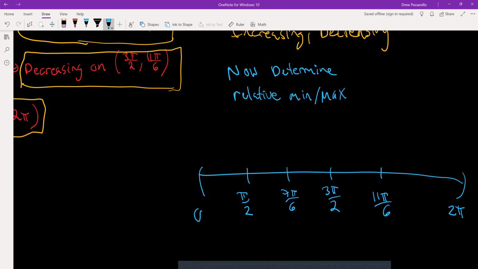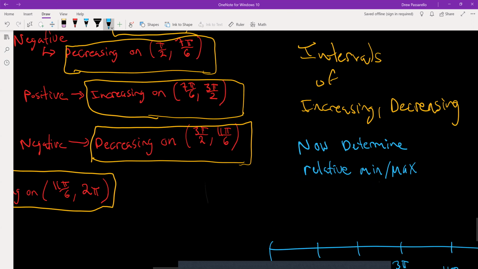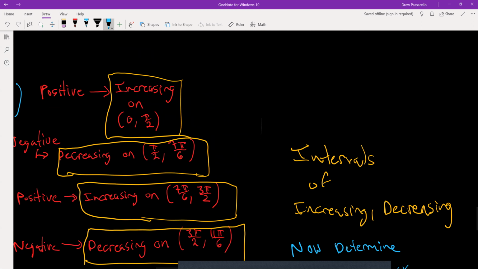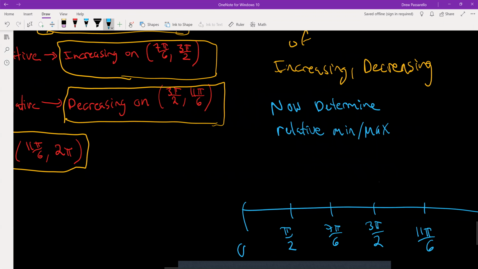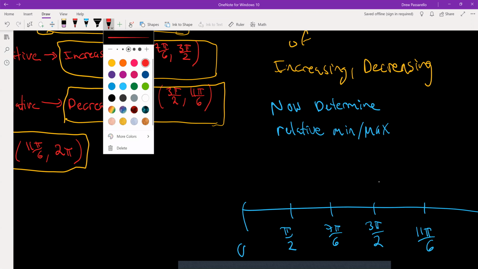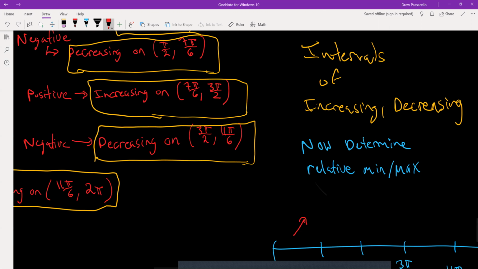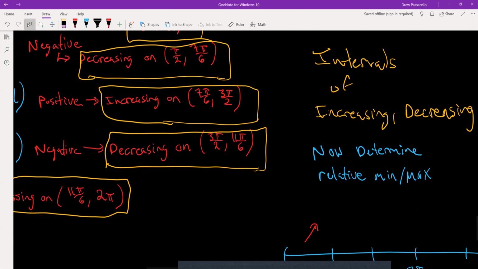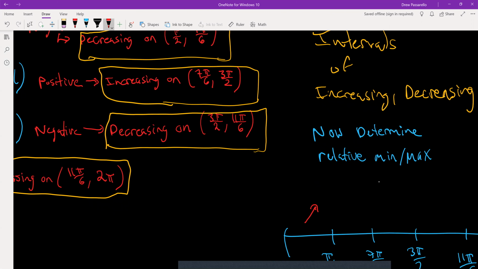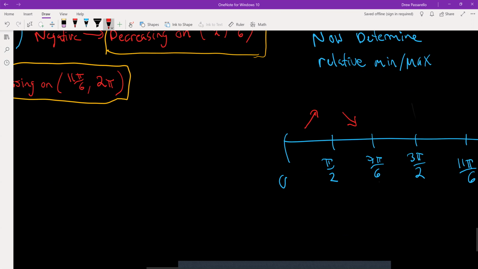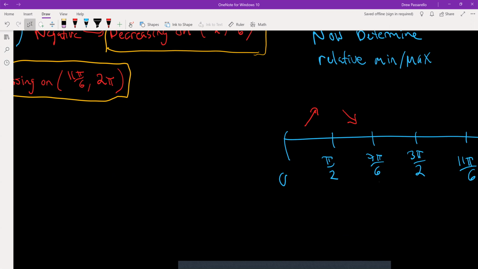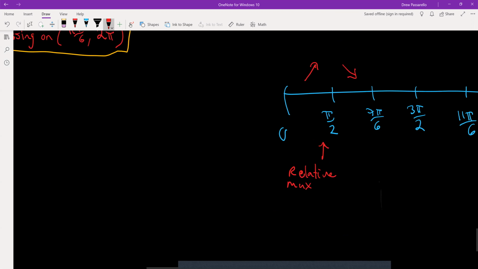All right, so that's all of our critical numbers. So the first interval, it's increasing, so it's going up. And then the second interval from pi over 2 to 7 pi over 6, it's decreasing, so then it's going down. So that means I have a relative max at pi over 2.